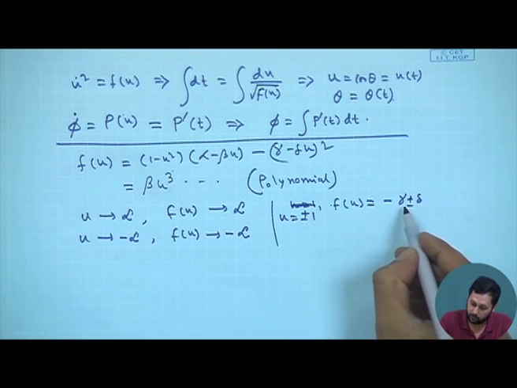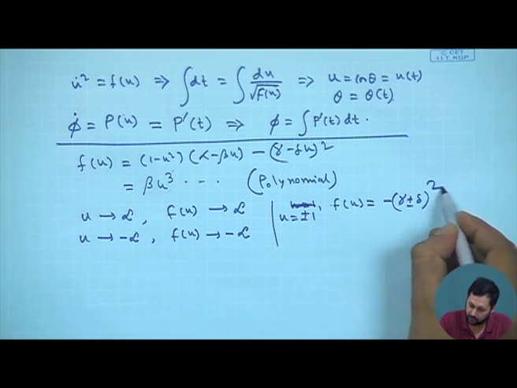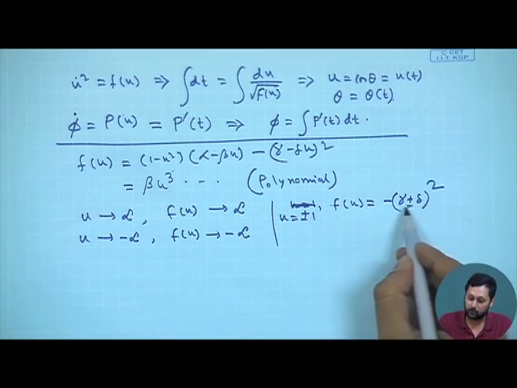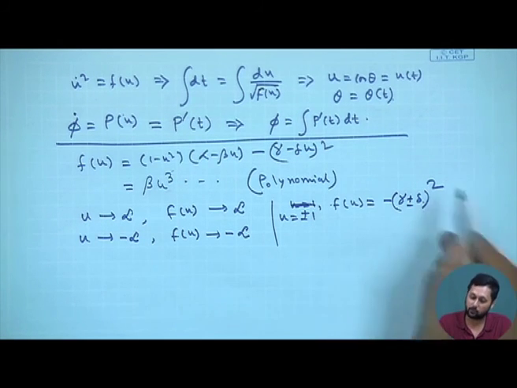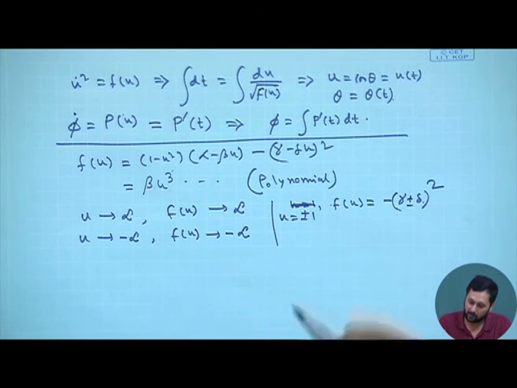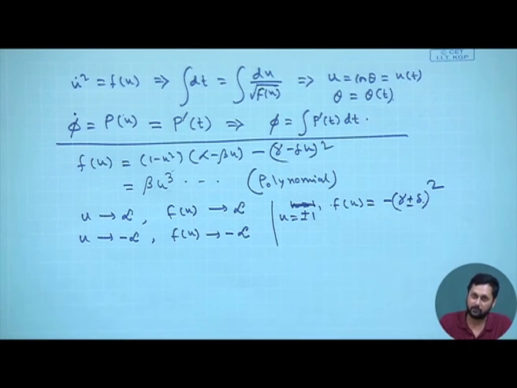The second term will be minus of gamma plus or minus delta, whole square. It does not matter whether gamma plus delta or gamma minus delta is negative, the square will always be positive. So at u equal to plus and minus 1, f of u is negative definite.